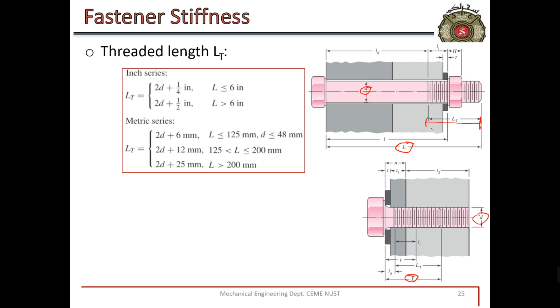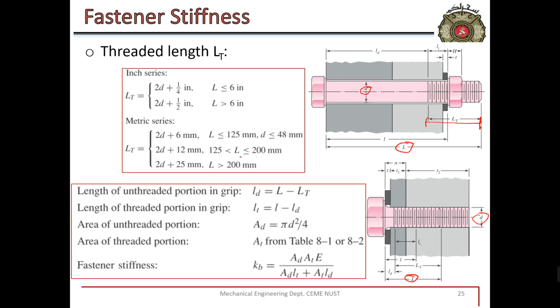Making the whole bolt threaded is costly, and also there are a lot of stresses on the bolt, so it's better to keep most of the portion of the bolt solid. So we can calculate LT in the inch system or in the metric system.